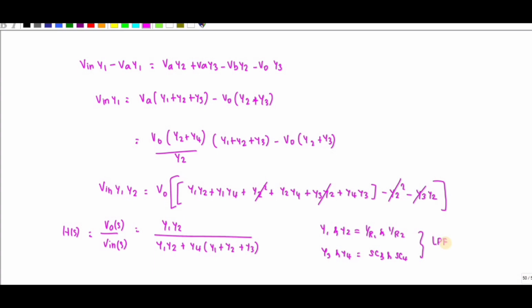So the low pass filter will pass only the low frequency signals, and it will reject the high frequency signals.